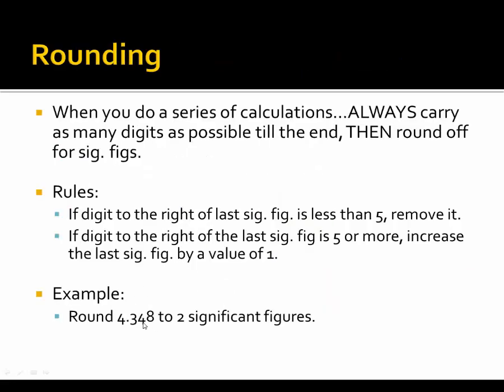Go ahead and round using the number next to the last significant digit. So round 4.348 to two significant figures. This is my first and second significant figure, so we need these two. The digit next to them is 4, which is less than 5, so we keep 4.3. We're just going to remove the 4 and the 8 there.